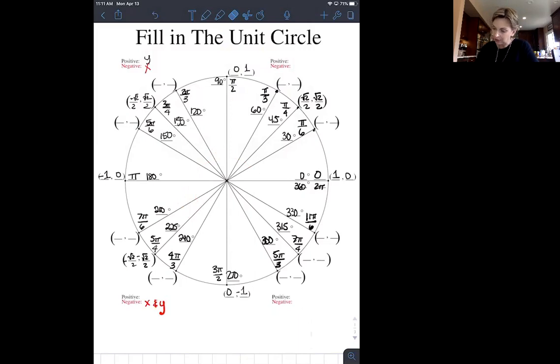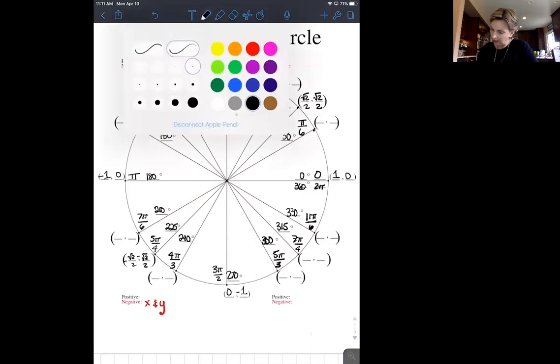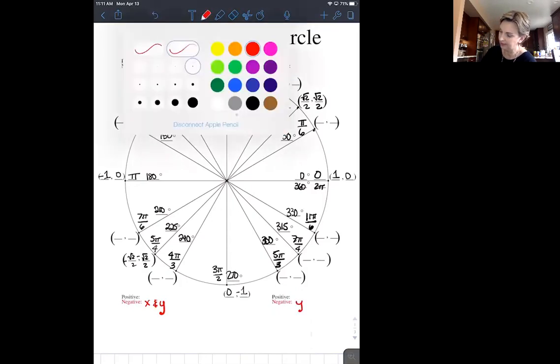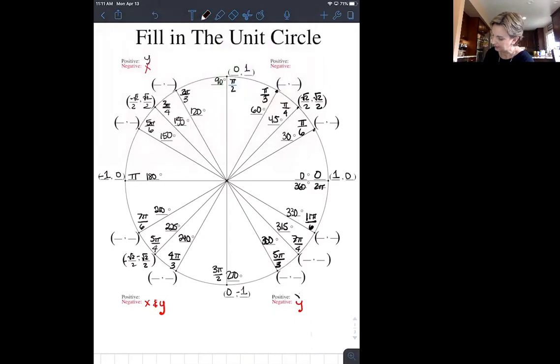Okay, and in quadrant number 4, the x is positive and the y is negative. So y is negative, x is positive. Okay, so I'm going to take this next angle, the 315, because the reference angle for that is a 45 degree angle.